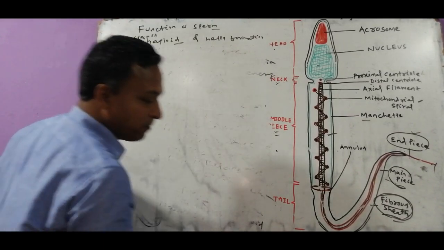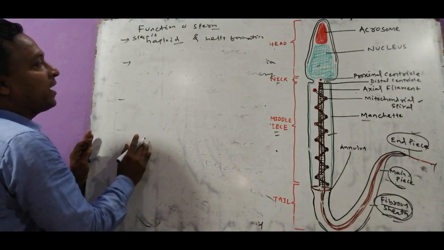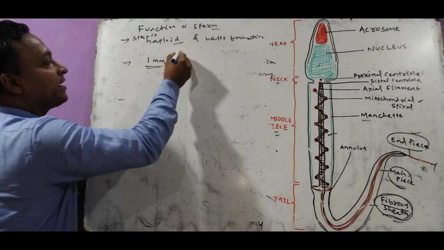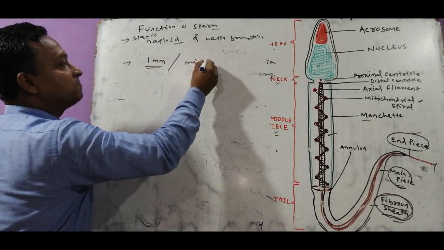In the function of the sperm, the sperm moves with a speed of 1 millimeter per minute.